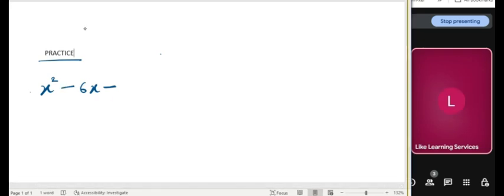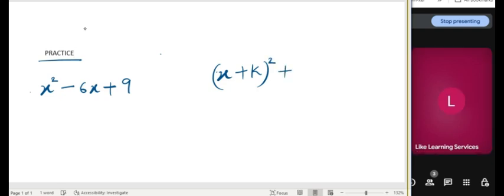Minus 6x plus 9. You have to rewrite the expression in the form of x plus k raised to power 2, then plus whatever constant.